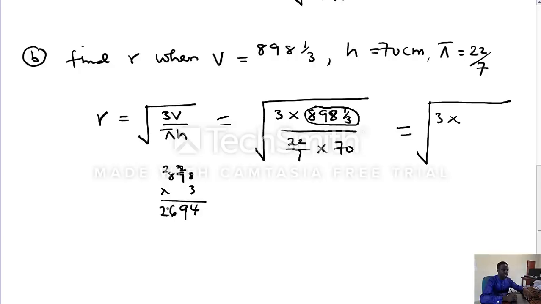So 898 times 3 gives us 2694. Then plus 1 is 2695, divided by 3.